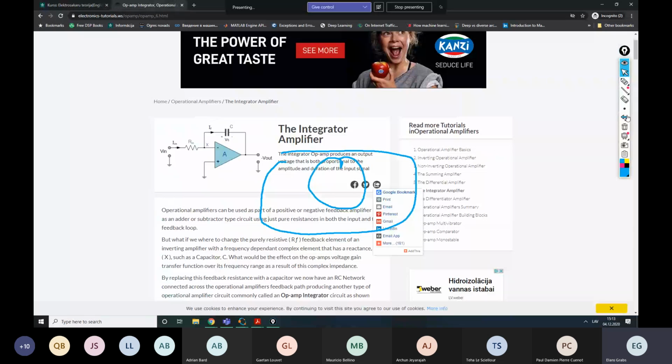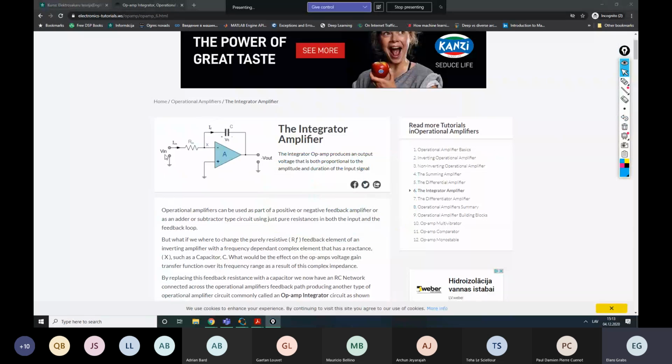So, for example, we can use an operational amplifier with some feedback components. Here we have a capacitor, and here we have a resistor. This gives us the integrator element, a component which we can use in our diagram as a physical element. And this integrator works continuously.